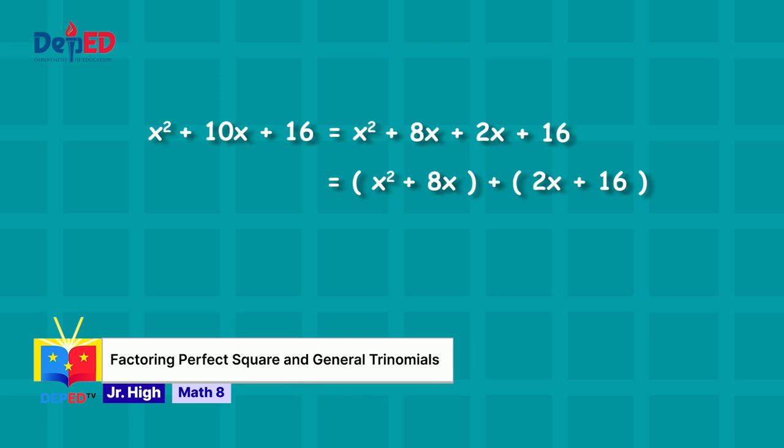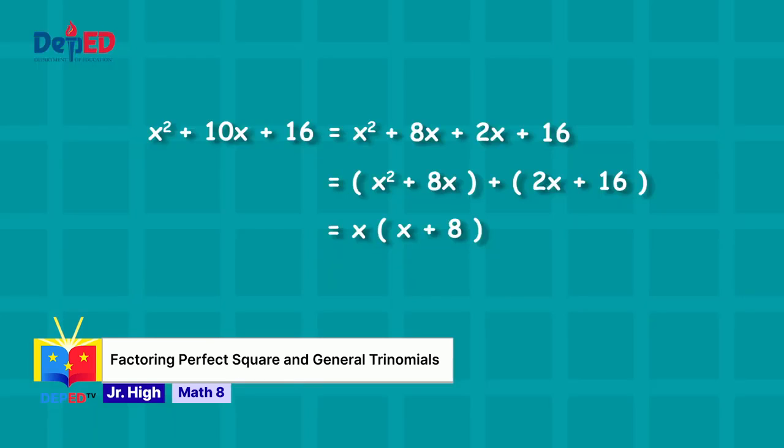Factor x squared plus 8x. The common factor is x, then multiplied with the binomial x plus 8. How about for 2x plus 16? It can be expressed as 2 times the quantity x plus 8.